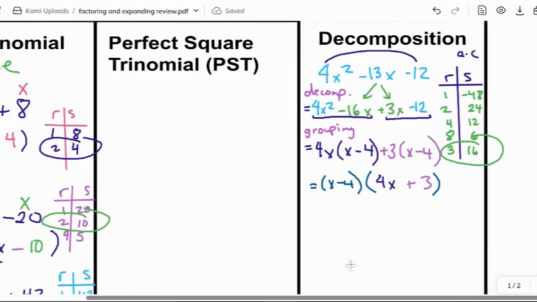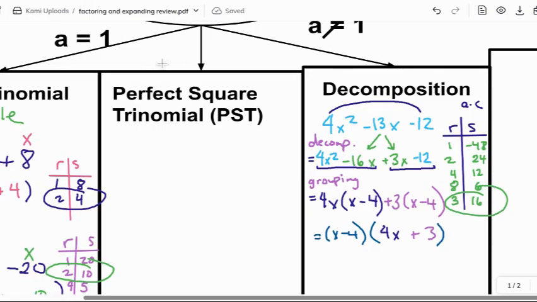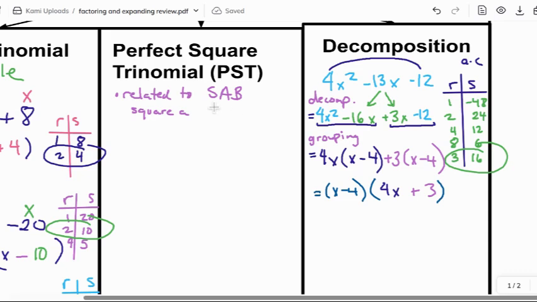Now, going to the middle one. Perfect square trinomial. a could be 1, or a could be something else rather than 1. A perfect square trinomial, a PST, is going to be related to SAB, or square a binomial.